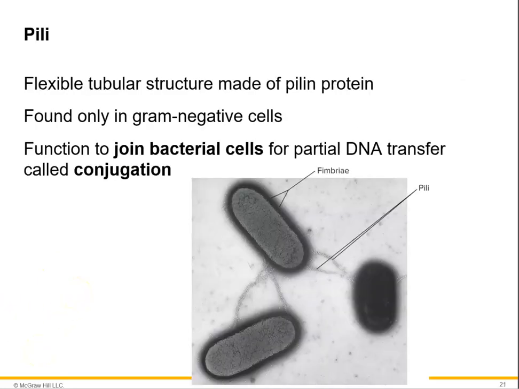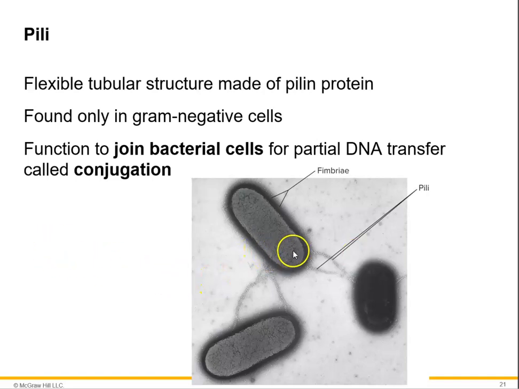Okay, pili, or the singular is pilus. A pilus is a flexible tubular structure. It's made of pilin protein. This is found only in gram-negative cells, and what it does is it functions to join bacterial cells, allowing them to transfer, at least partially transfer DNA. And this process is called conjugation.